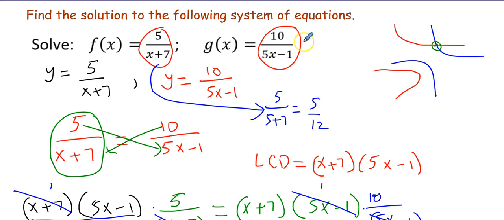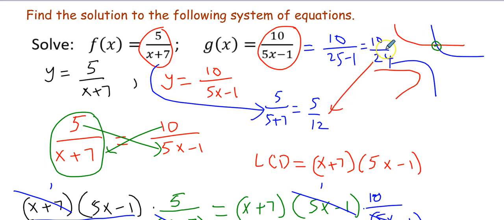And the second function here, 10 over 5x minus 1, x is 5, so 5 times 5, 25 minus 1, that is 24. 10 over 24 is the same as 5 over 12, right?